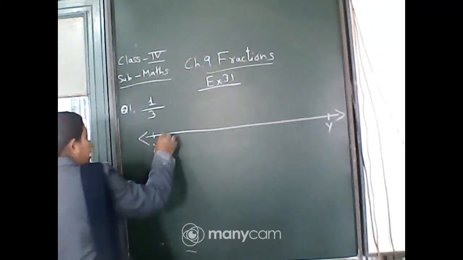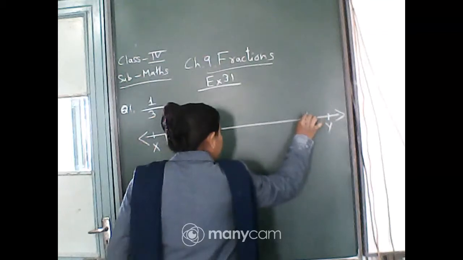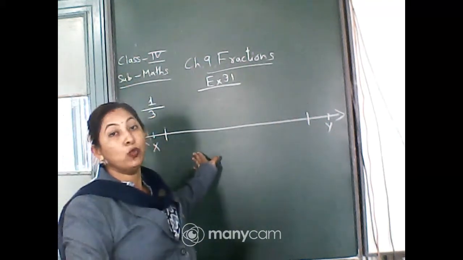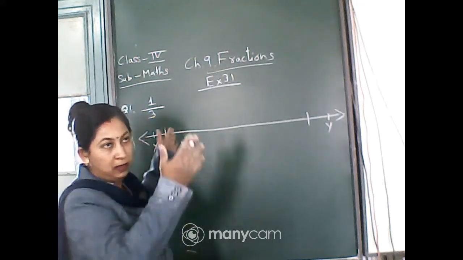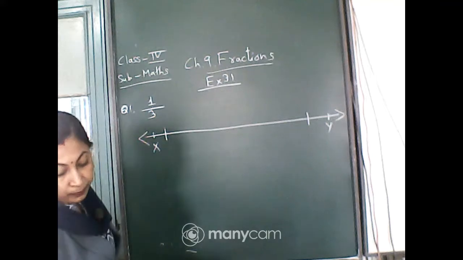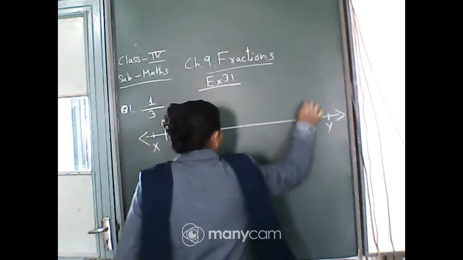Suppose I am starting from here and ending here. This is one unit, that means it is up to 1. And I am mentioning here A, OA, because it is written in your book.